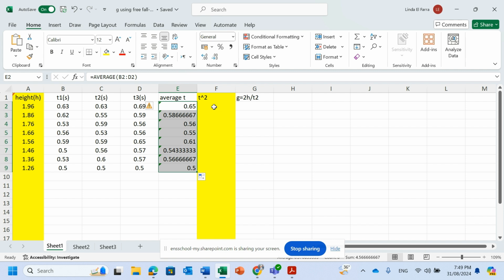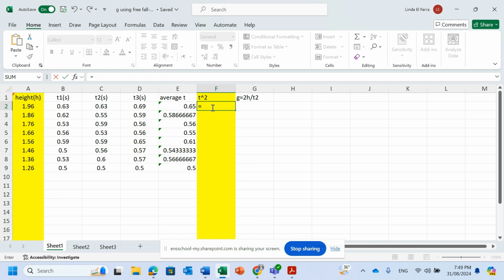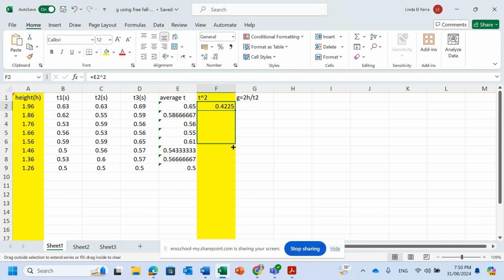I need to find t square. So put equal, select t, hit shift with number 6, and then put 2. This is the square. Hit enter. Repeat the same steps again, and drag this all the way down.